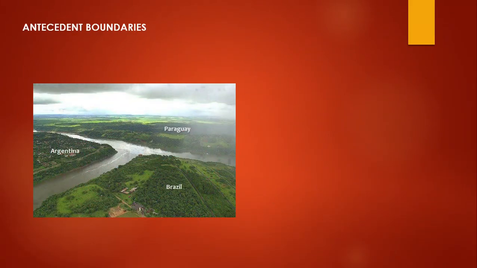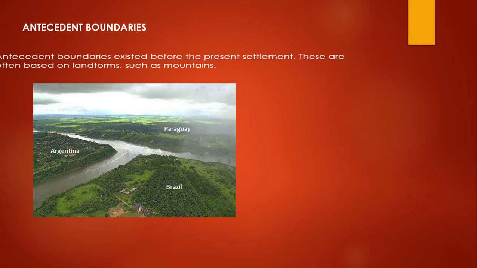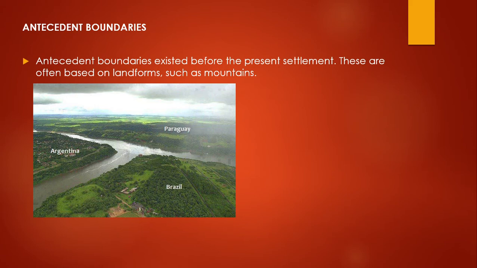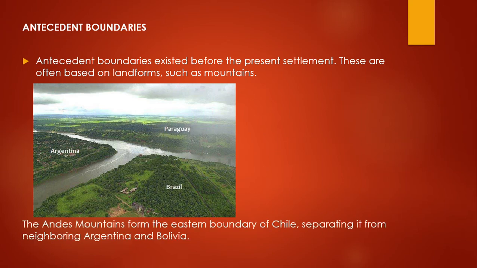How about an antecedent boundary? So what is an antecedent boundary? An antecedent boundary existed before the present settlement. These are often based on landforms such as mountains. So there are boundaries that are formed by natural features like mountains or rivers, like in the picture.